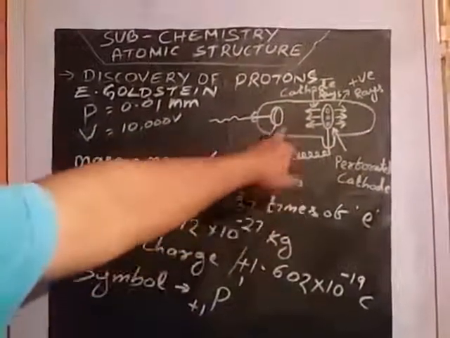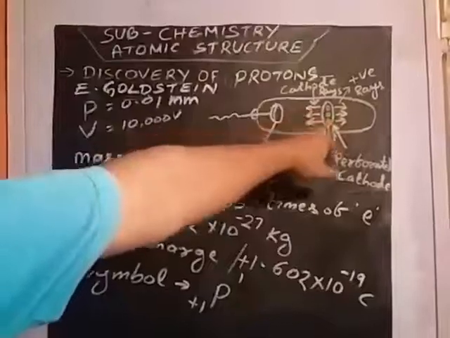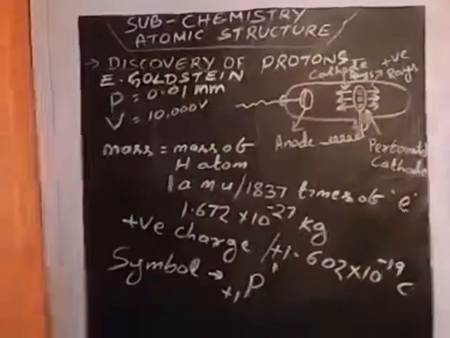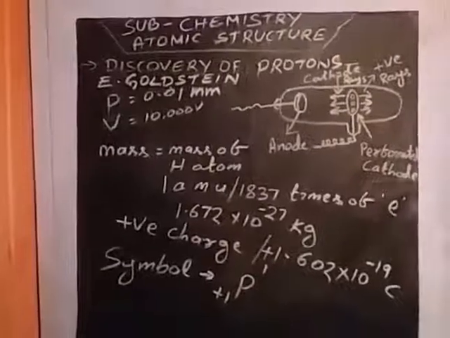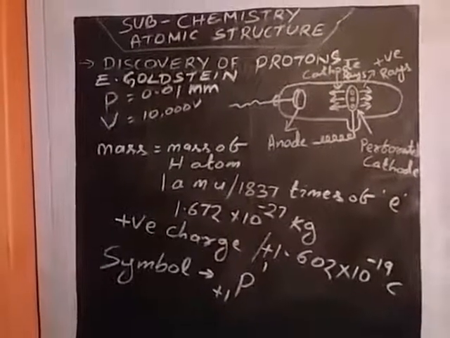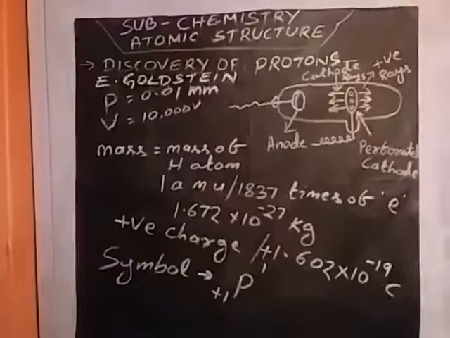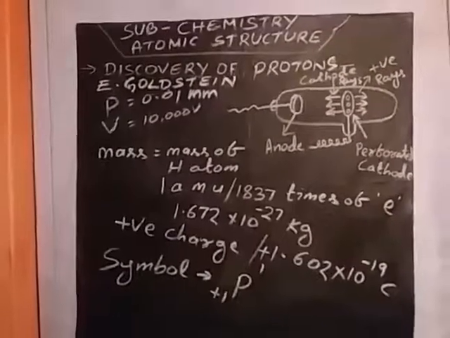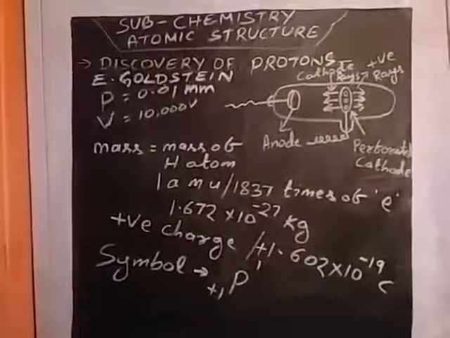There is one anode and another cathode with holes, called canals. When he passed the rays, they moved opposite to the cathode rays: cathode rays move from cathode to anode, but here from anode to cathode.